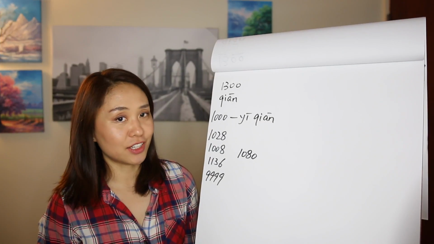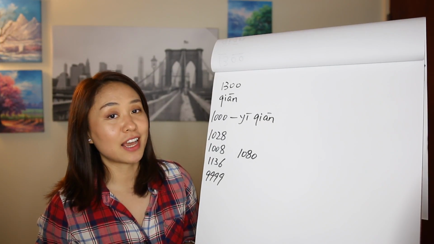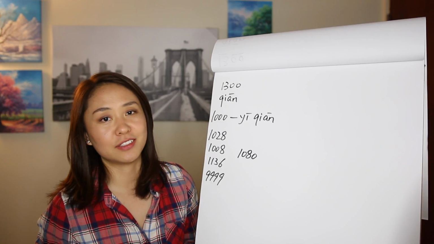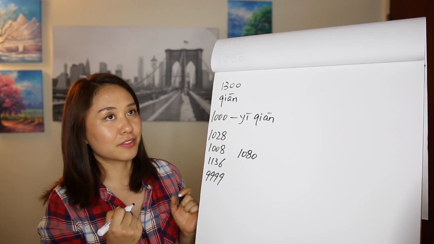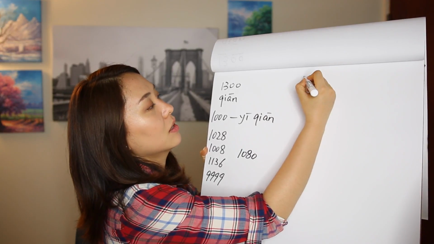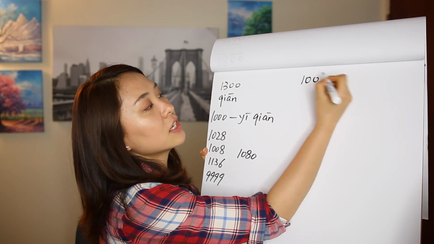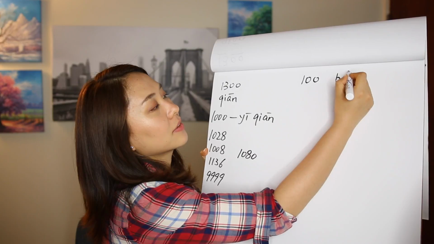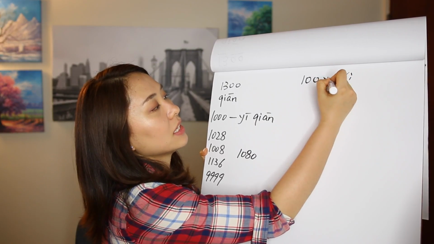Now in English, you can also say 10,000, but that's 4 zeros. An easier way to remember is, 2 zeros are 百, right? So this is 100.